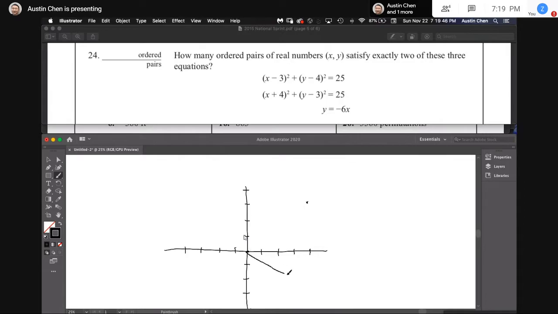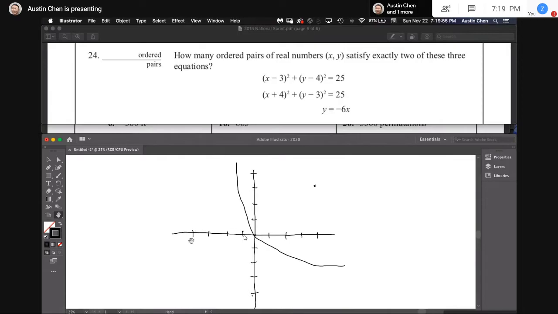And then we have negative 4, 3, so right here. And it's just going to be the opposite of that. And then we have negative 6x.